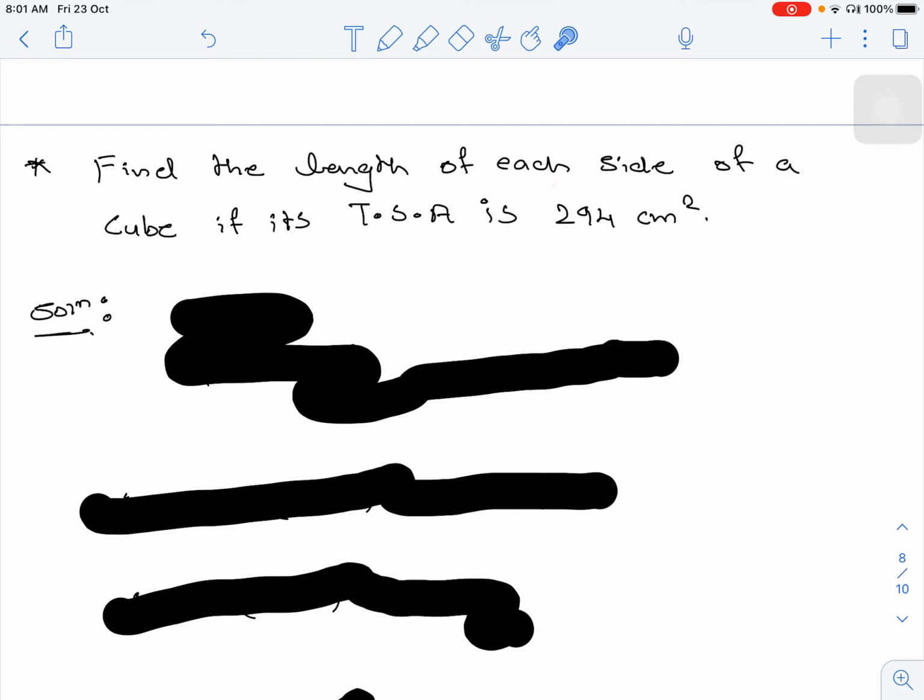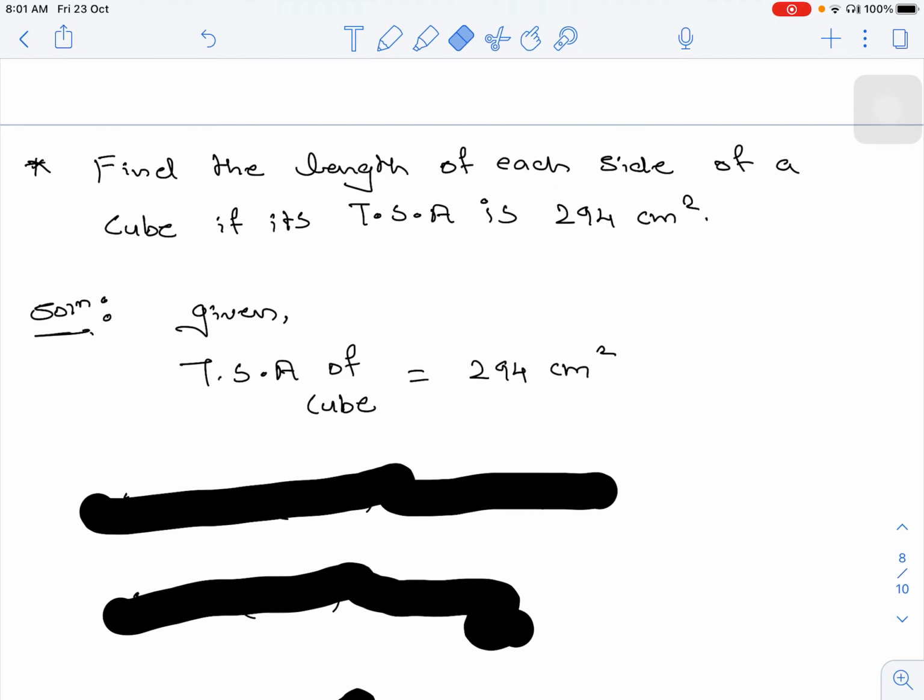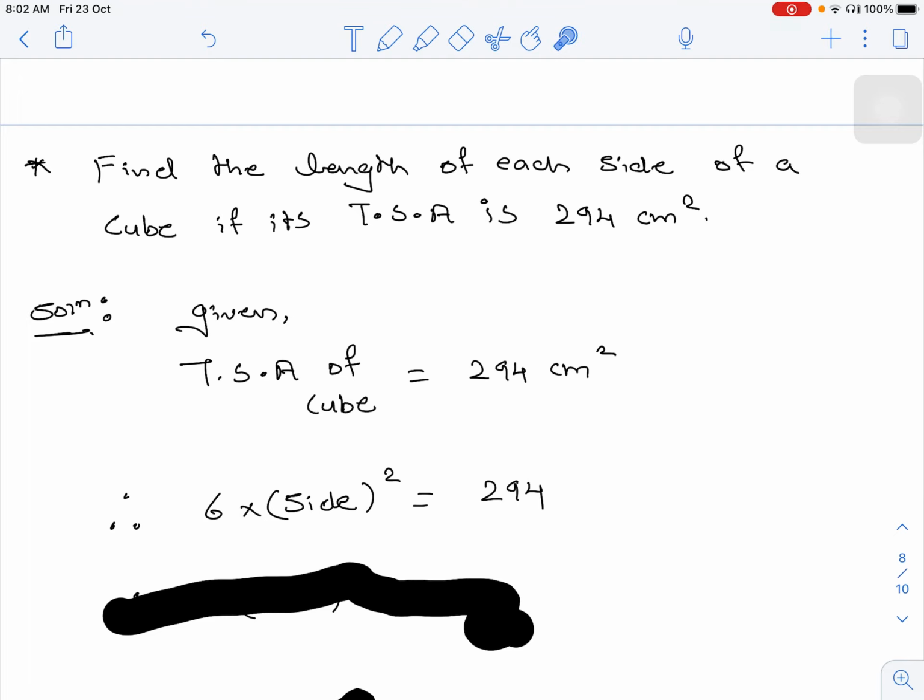Let us see how to find it. First, what is given? The total surface area of a cube is 294 centimeters square. After writing this, we know the formula of total surface area of a cube: it is 6 into side square.